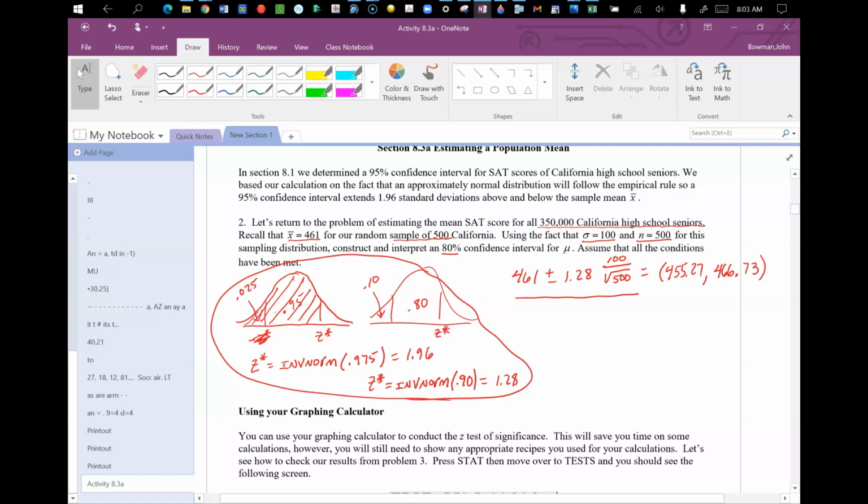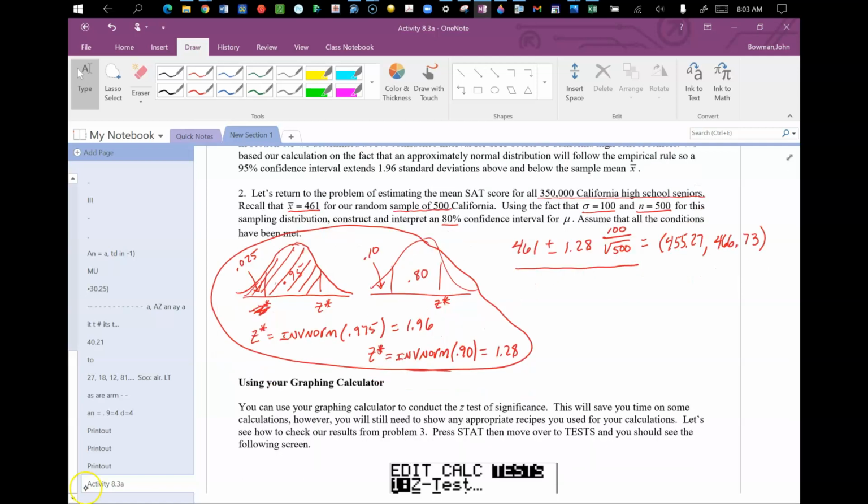And if we were interpreting the confidence level, 80% confidence level means that if we were to construct all possible 80% confidence intervals from this sampling distribution that consists of all samples of size 500, 80% of them would contain the true population mean.